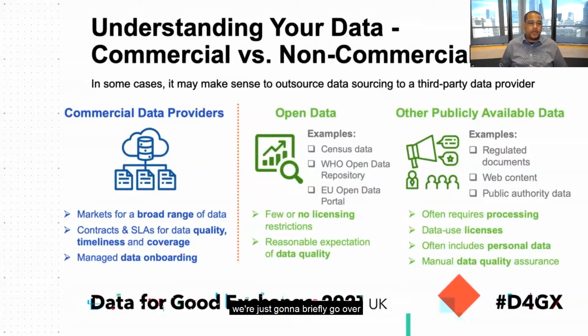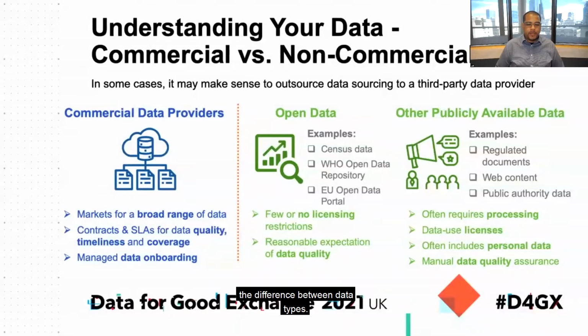Okay, so this slide, we're just going to briefly go over the difference between data types. When it comes to sourcing your data, depending on your domain, you may encounter situations where the easiest, even the most cost-effective way to get the data that you need is simply by paying someone else for it. So third-party data providers, which we're going to go through now, offer data across a broad spectrum of different domains and subjects.